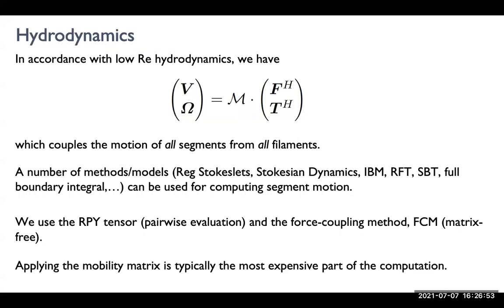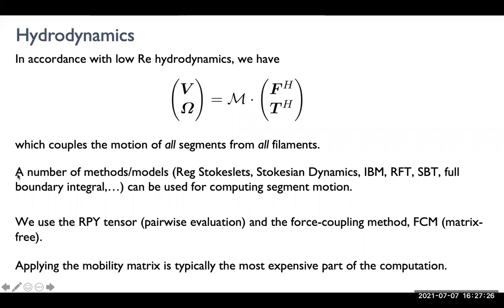So you know that these hydrodynamic forces and torques are going to be linearly related to the velocities and angular velocities of all the segments from all of your filaments. And this matrix that is going to couple them is going to be given by some solution or approximate solution to the Stokes equation, subject to the appropriate boundary conditions on the surface of your filaments, or some approximation to the boundary conditions.